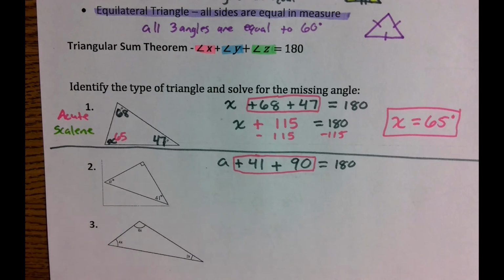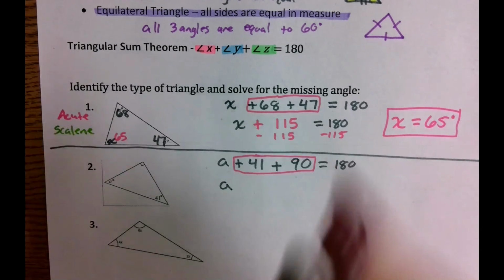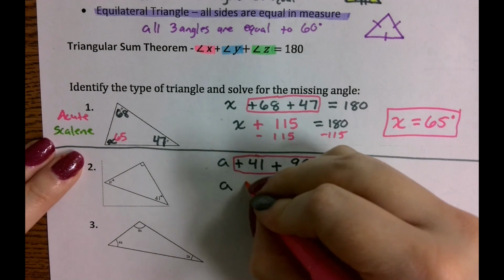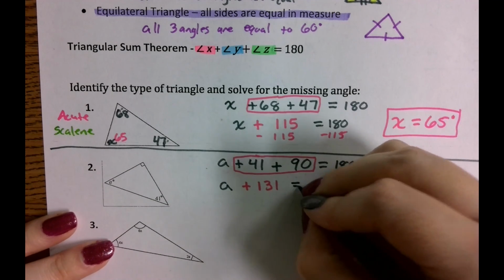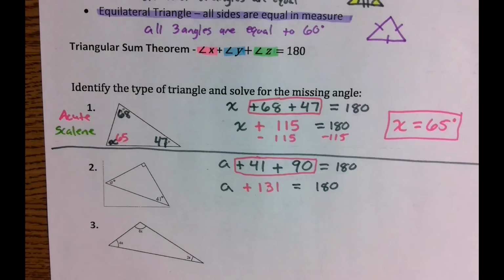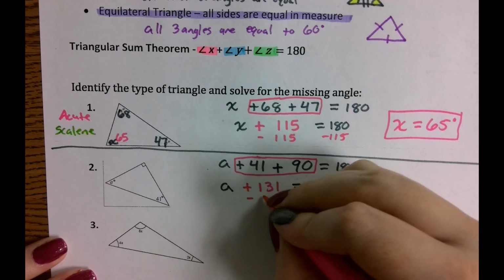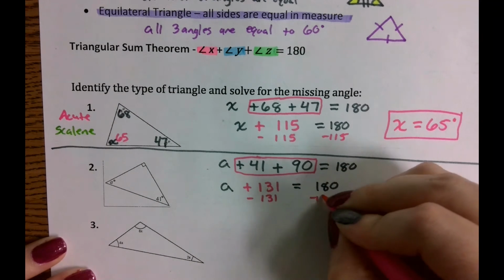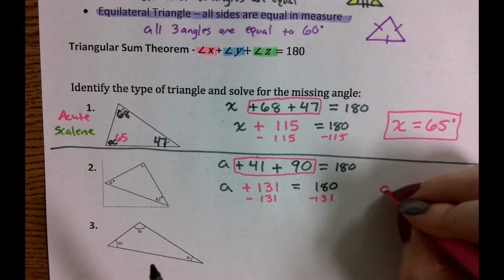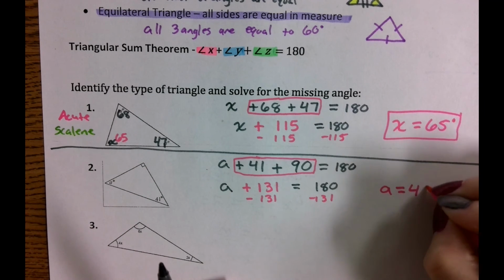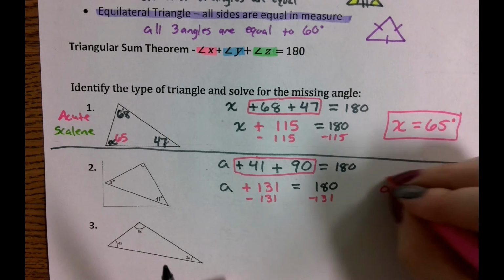What's 41 plus 90? 131. Good. So we get A plus 131 is equal to 180. Then we're just going to subtract the 131 from both sides. Okay? And we'll get A is equal to 49 degrees.